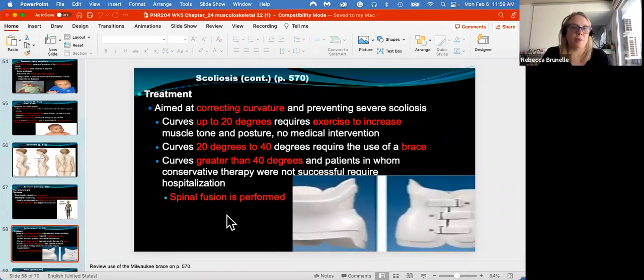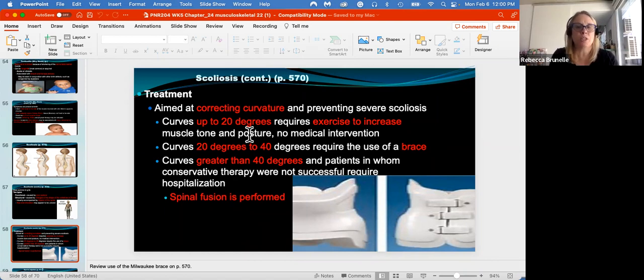So the degree of curvature is going to determine your treatment. Mild scoliosis is up to 20 degrees, and they just do physical therapy and stretching. 20 to 40 degrees, that's where they wear a brace. And if it's over 40 degrees, that's when they need spinal fusion surgery.